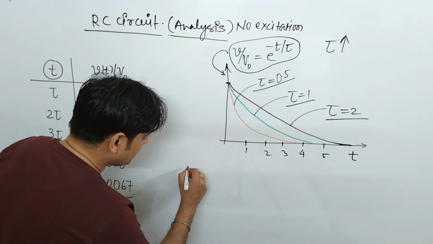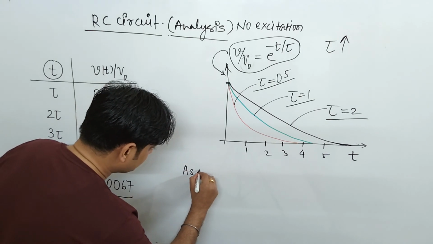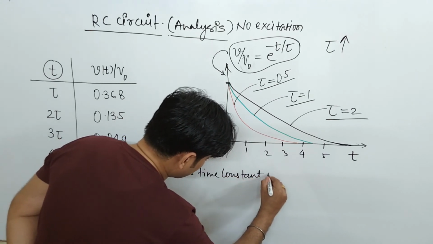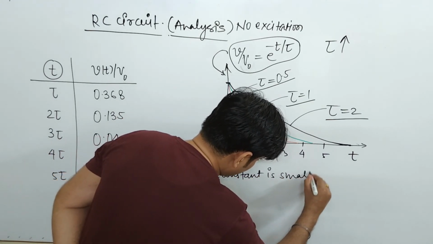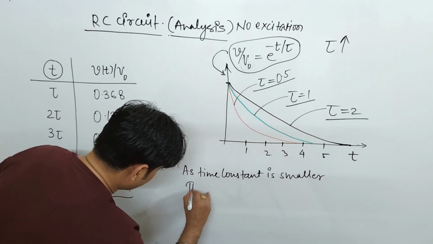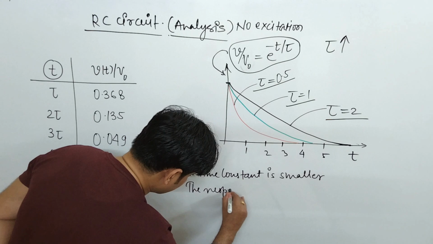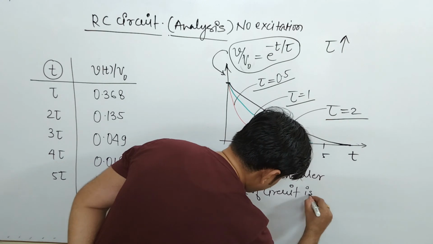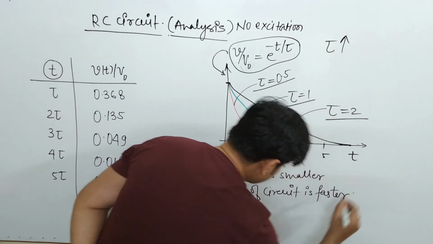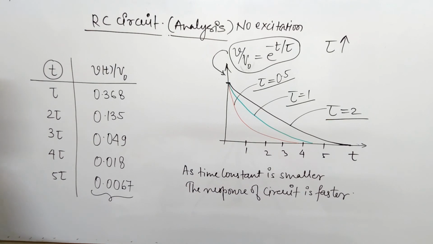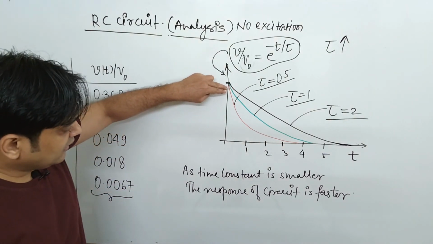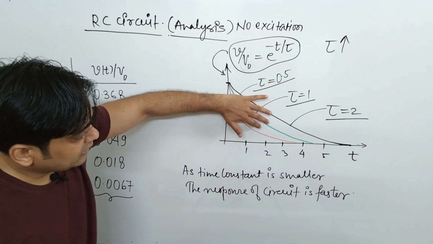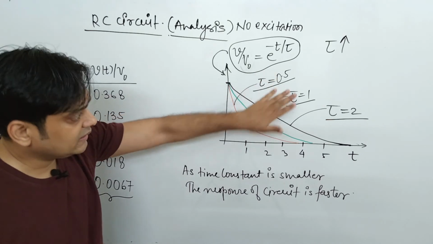Okay, so here the statement is, as the time constant is smaller, the response of the circuit is faster, or you can say the output will decay as early as possible when you compare it with a time constant which is higher than this value.